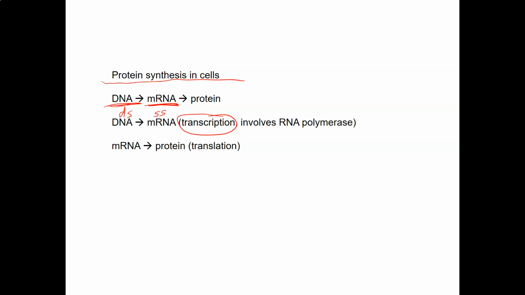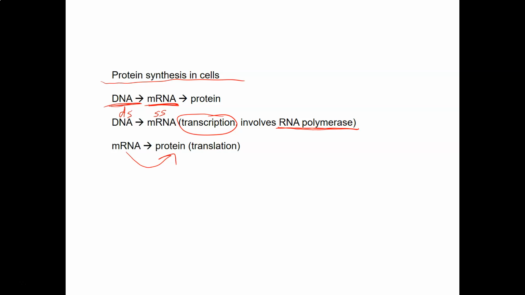And then that messenger RNA, which is produced using the enzyme RNA polymerase, is used to code for the individual amino acids in the protein. Remember, amino acids are the building blocks of proteins.